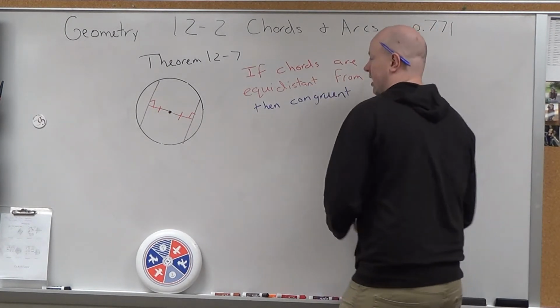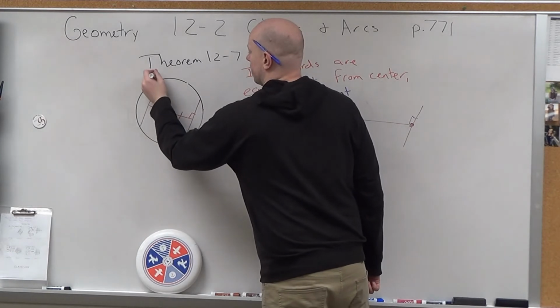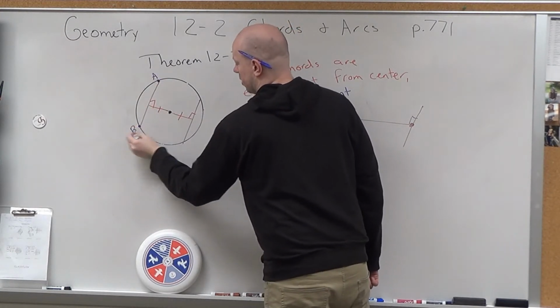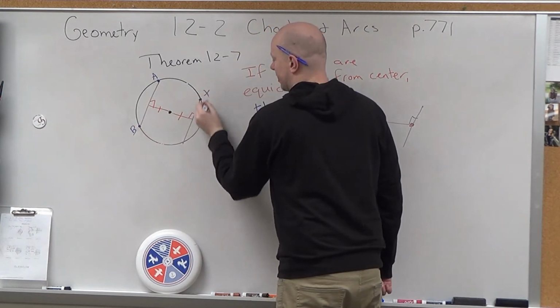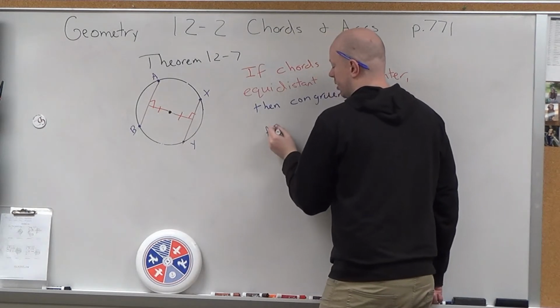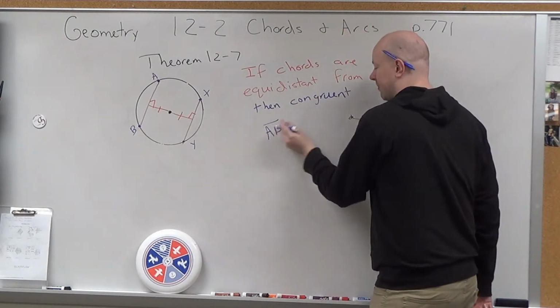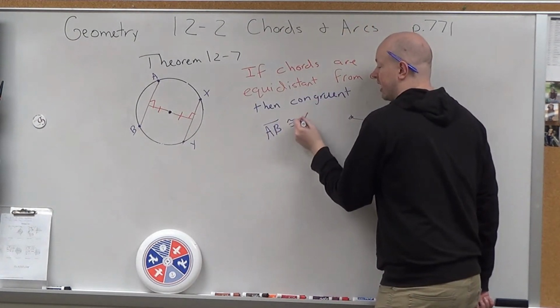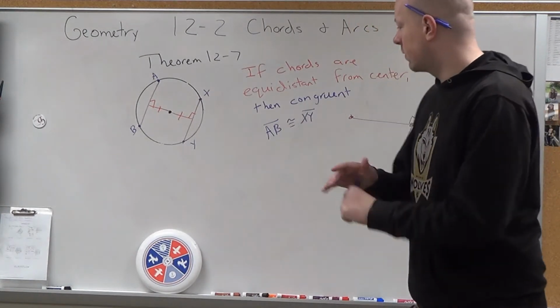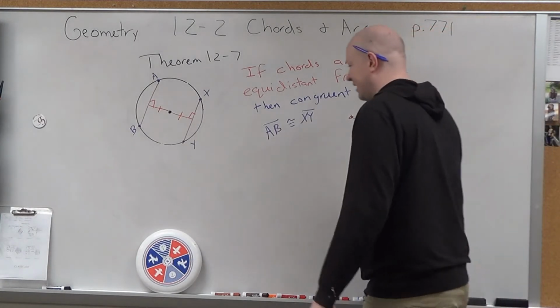So let's say I labeled them. Let's see, AB and XY. So AB, the chord, so the segment AB has to be congruent to segment XY. Okay, that would be theorem 12-7.